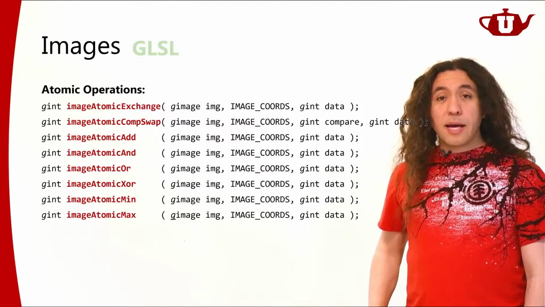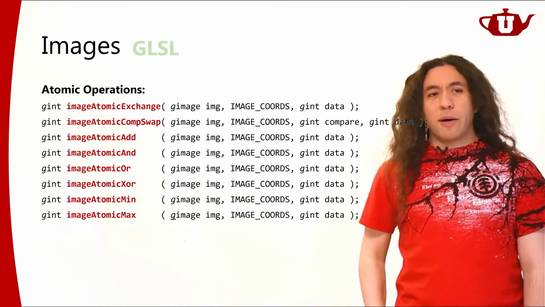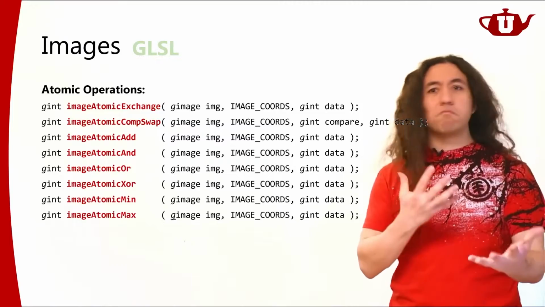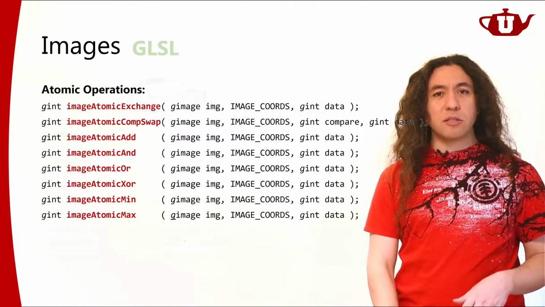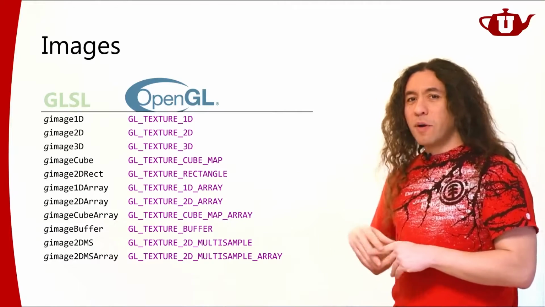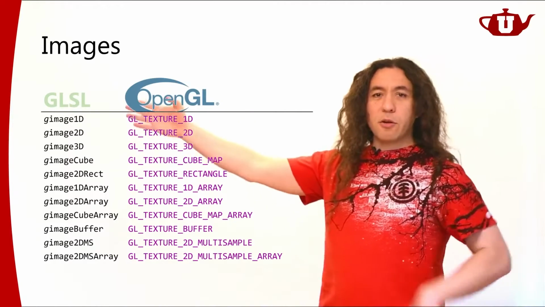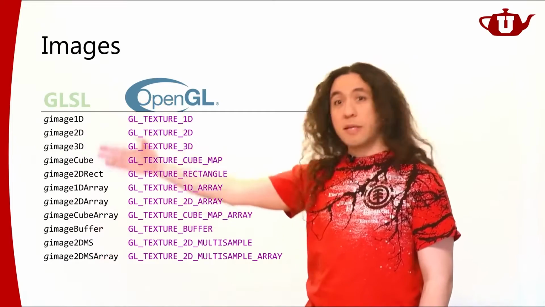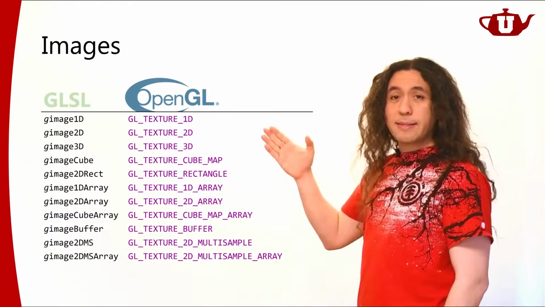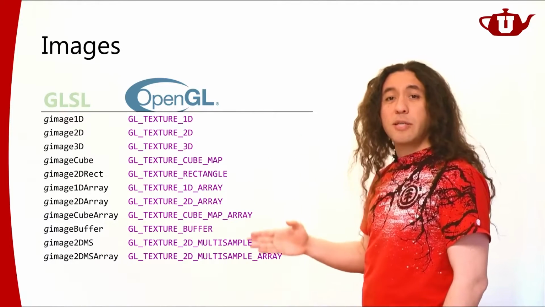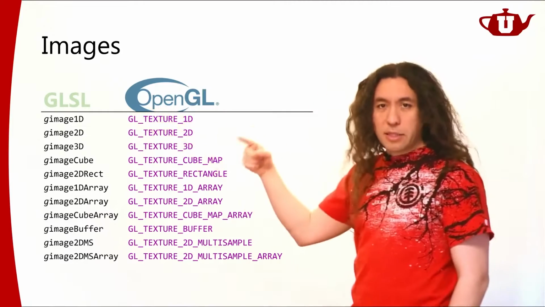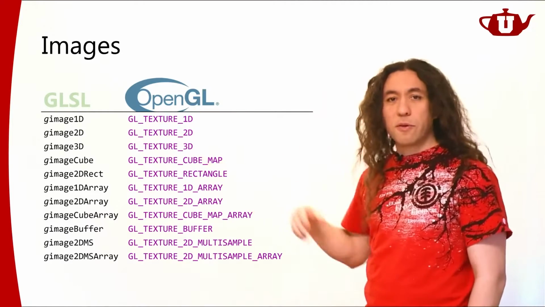Now, how do I get those images though? How do I define an image? We know what textures are, so how do they correspond to images? Here's how. From the GLSL perspective, these are going to be my image types. And OpenGL will see them as these texture types. So a 1D texture would correspond to a 1D image, a 2D texture would correspond to a 2D image, and so forth.